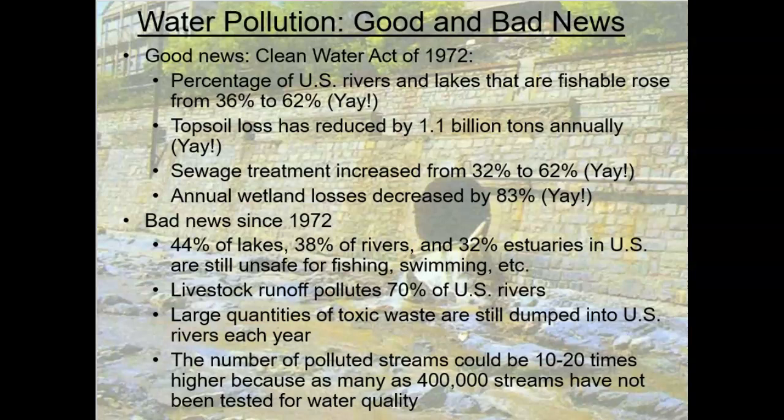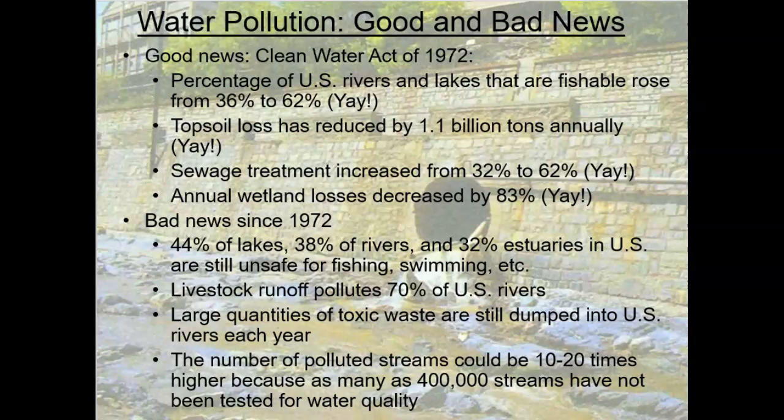Topsoil loss has been reduced, so we get less runoff of topsoil from agricultural areas. Sewage treatment increased, so that means when people are flushing their toilet, it goes to a sewage treatment plant, so it's treated before it then is let off into oceans or rivers. And wetlands have also decreased.